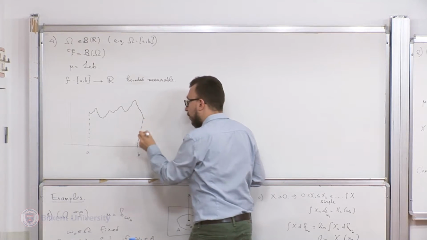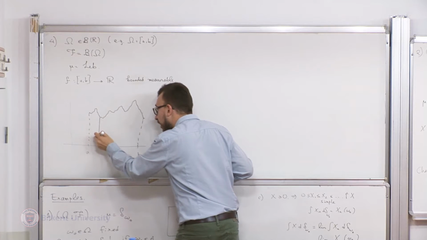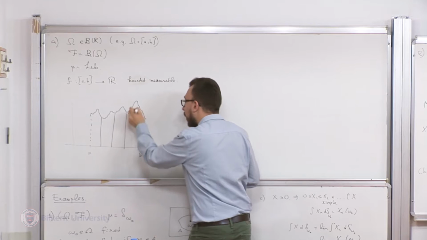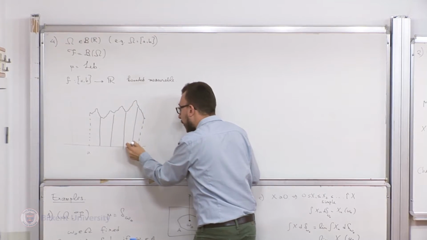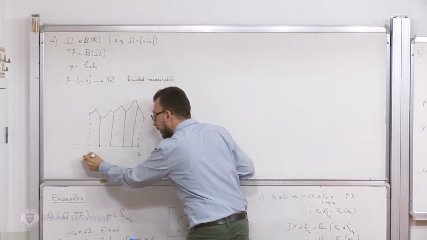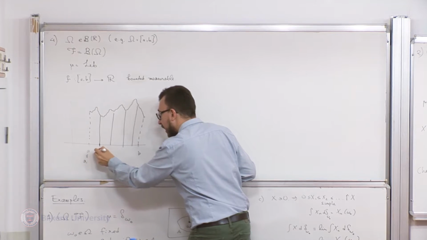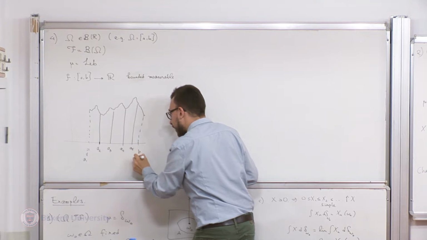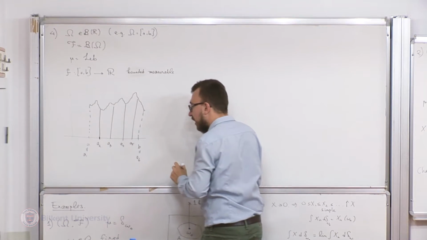Well, what you do is to partition your interval like this. Let's say this is A1, A2, A3, A4, A5, and this is A6.